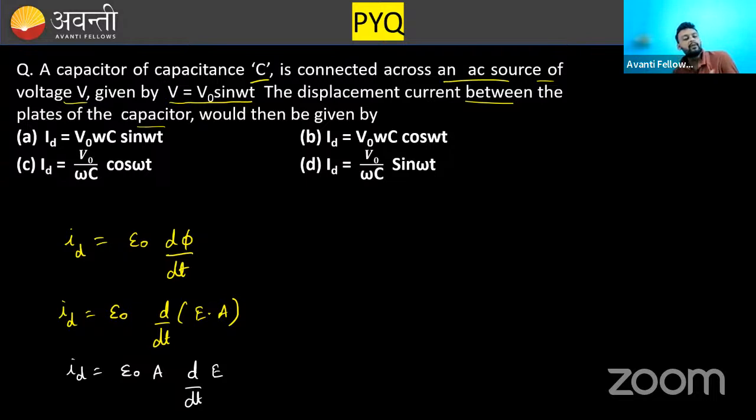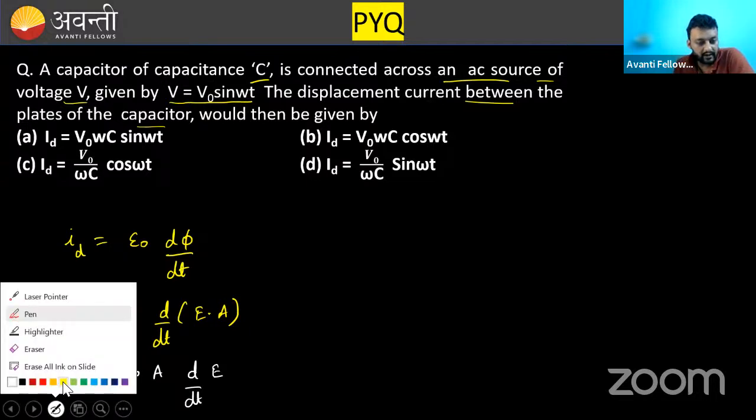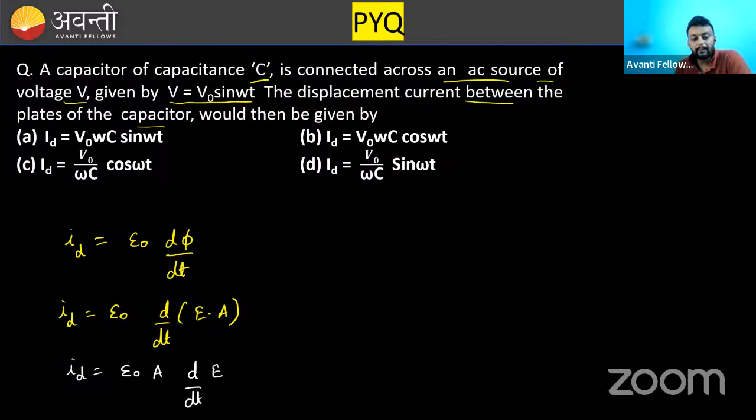Why is E not constant? Because the electric field varies as the potential varies. The potential is V naught sine omega t, which is variable, so the electric field will also vary. Now I am multiplying and dividing by d.